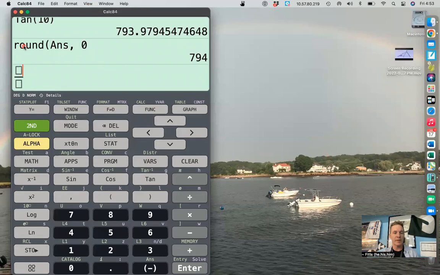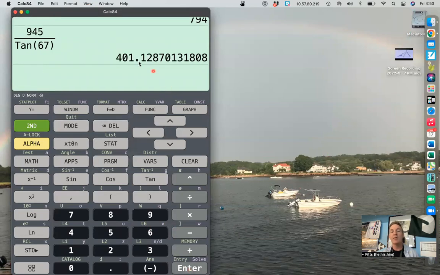The fraction function, I like that. So it's alpha y equals, and it was 945 divided by the tangent of 67 degrees. The reason I like this fraction function is you don't have to worry about parentheses and things like that. It's a lot easier to set up your problems this way.